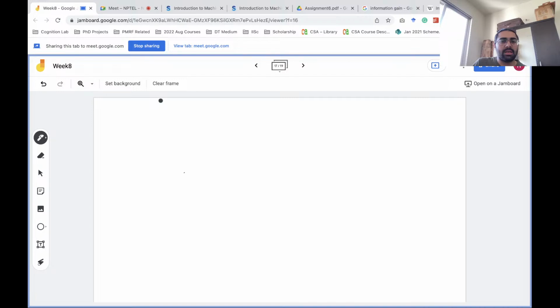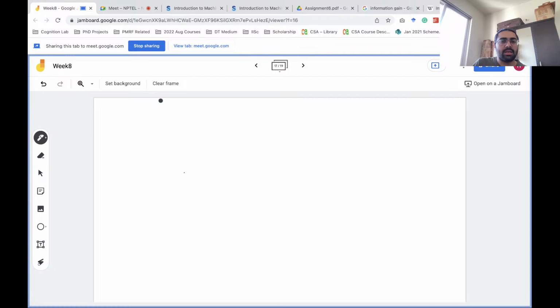So let me build the table: positive and negative, this is the prediction. So this is true positives, false positives. What will happen when you make a false positive prediction? That is, the person does not have cancer, but you said that the person has cancer.